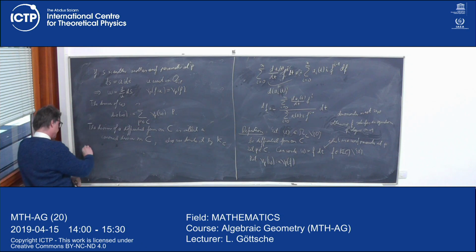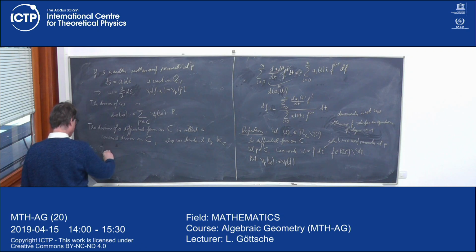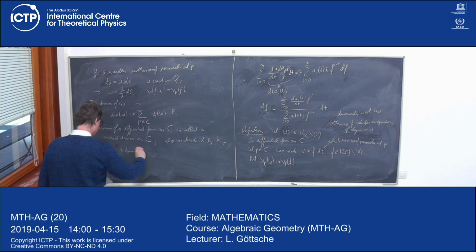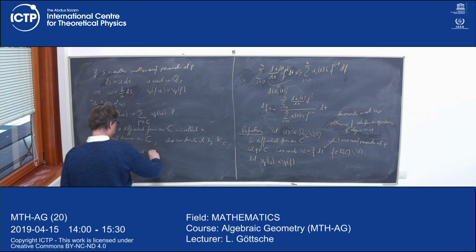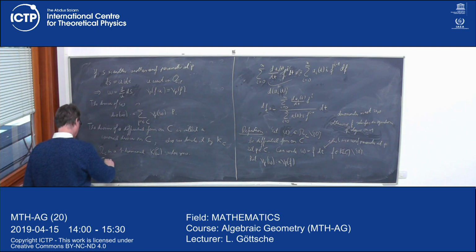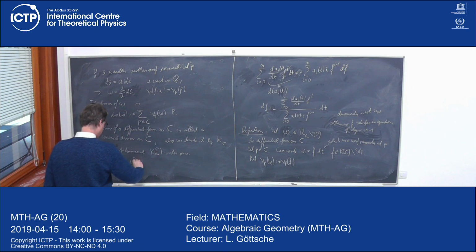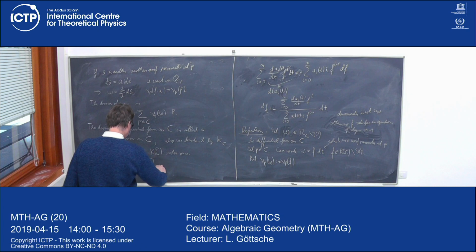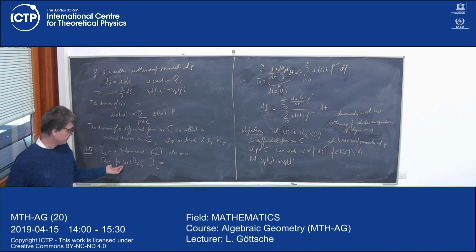So note, omega c is a one-dimensional vector space over the field of rational functions on C. Thus for any non-zero element omega in omega c, omega c is just all multiples of omega.